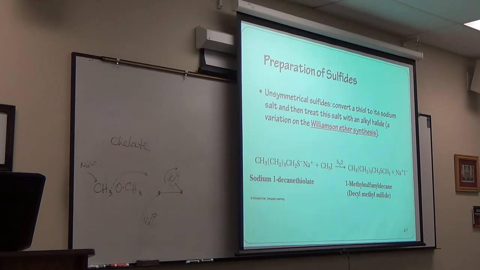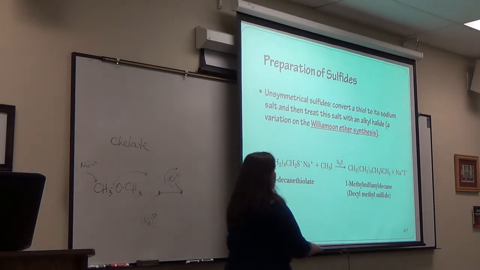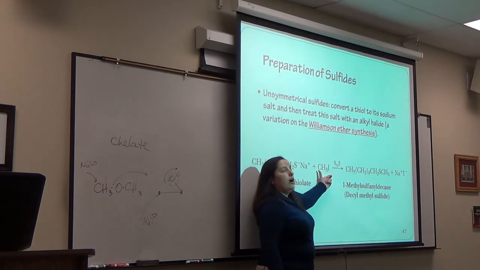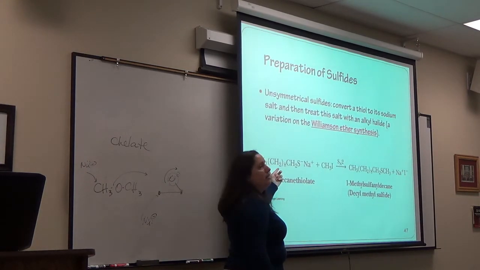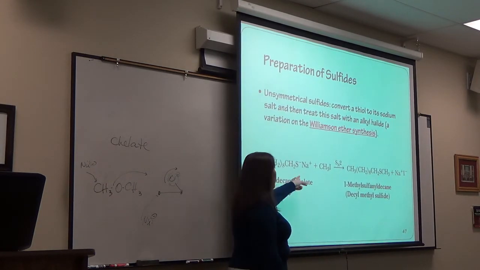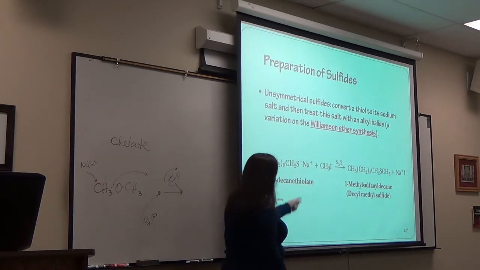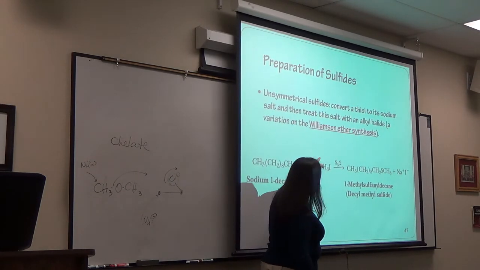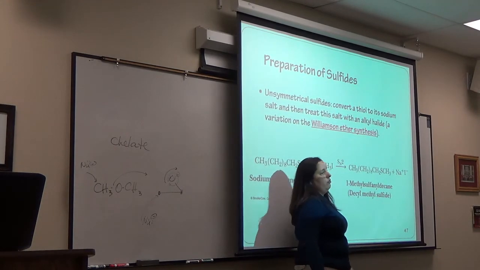Okay, and then you can have a variation of the Williamson ether synthesis. Remember how you have a small halogen compound attacked, and then in this case, instead of being the oxide, this is going to be your sulfide ion. So same principle. This ion is going to attack the carbon, the leaving group leaves, and you can form your thiol ether.